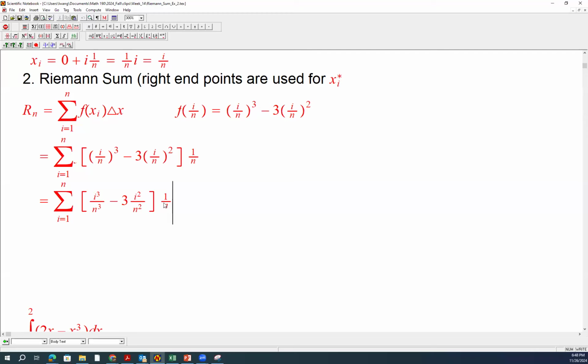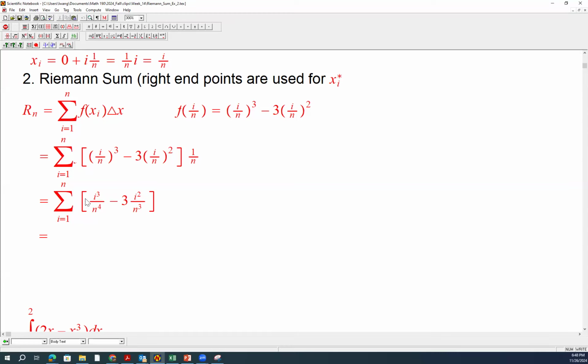I'm going to take the 1 over n and put it inside each one. So now we get n raised to the power 4, and this is n raised to the power 3. And you can see the advantage of, okay, let me just keep going.